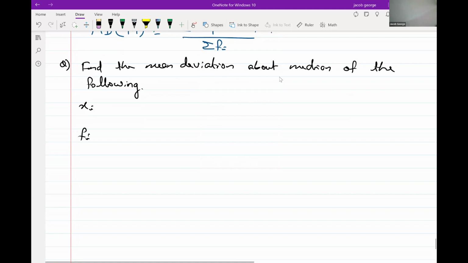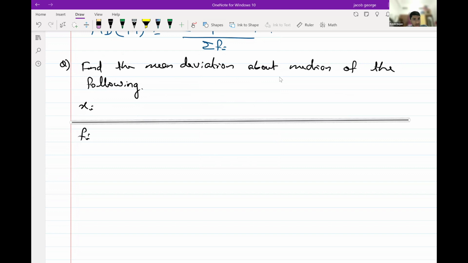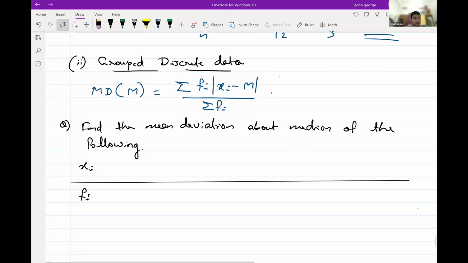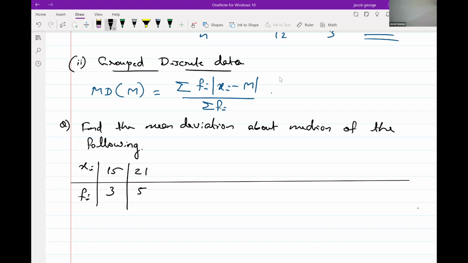Formula, please write. Xi and fi: 15, frequency is 3; like this data are given, no class interval, but frequencies. That is called discrete data. Next, 21, 5; 27, 6; 30, 7; 35, 8.